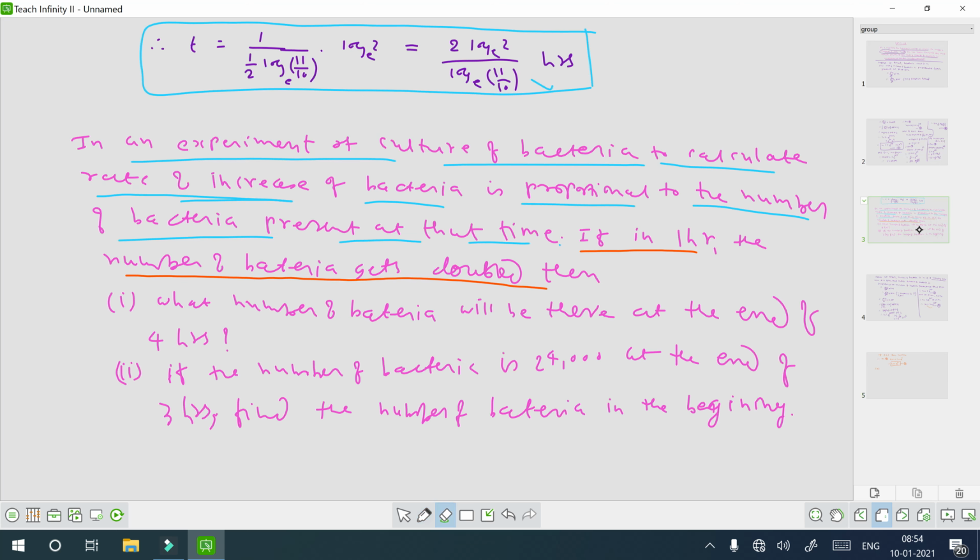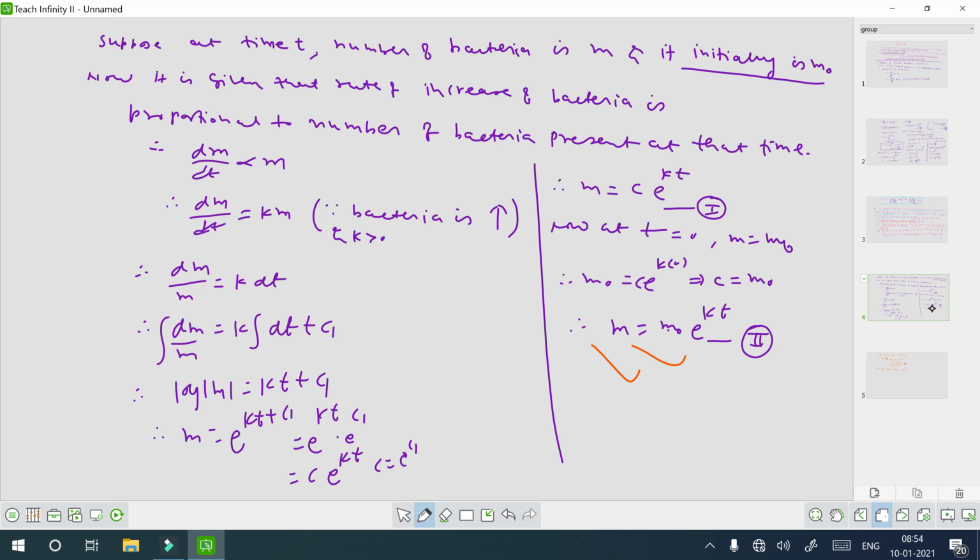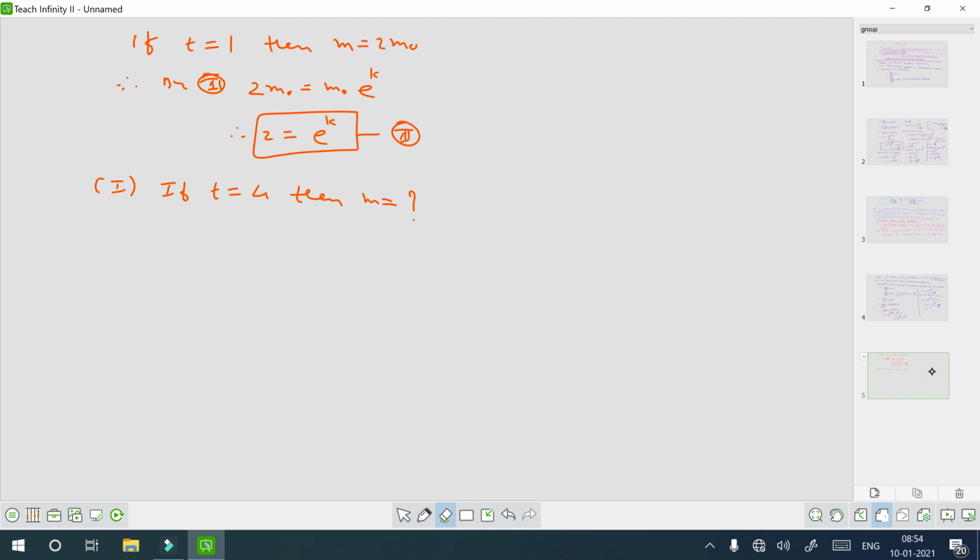Now the first question, we want to answer the first one. What we want is the number of bacteria at the end of 4 hours. If t equal to 4, then we want m. So use equation 2. Therefore by 2, m is equal to m0 e raised to 4k, which is m0 e raised to k raised to 4, m0 2 raised to 4.